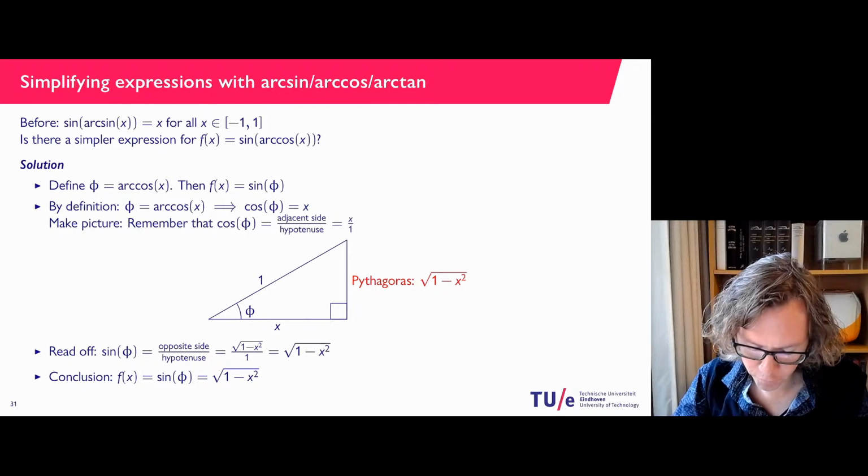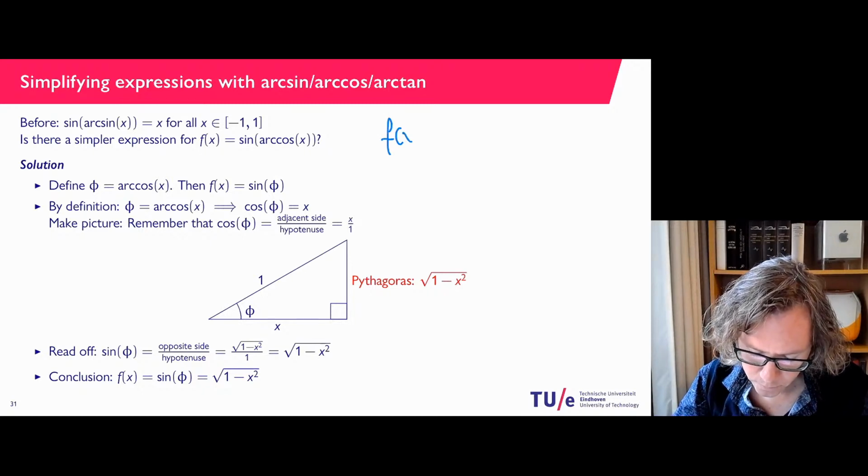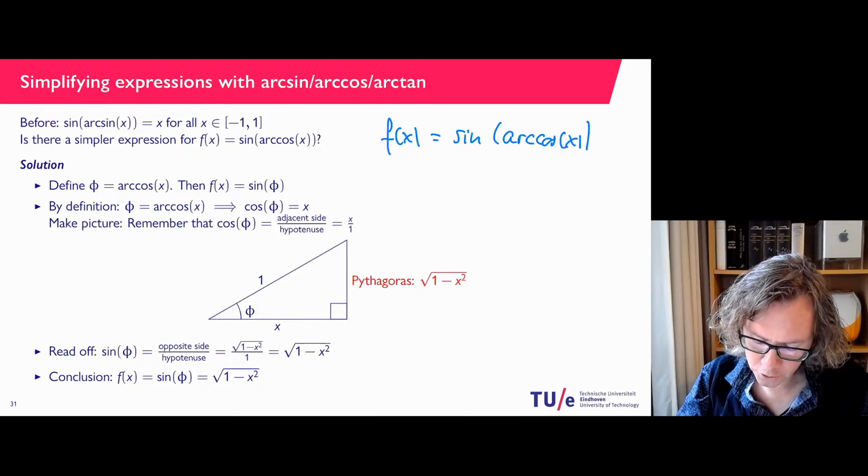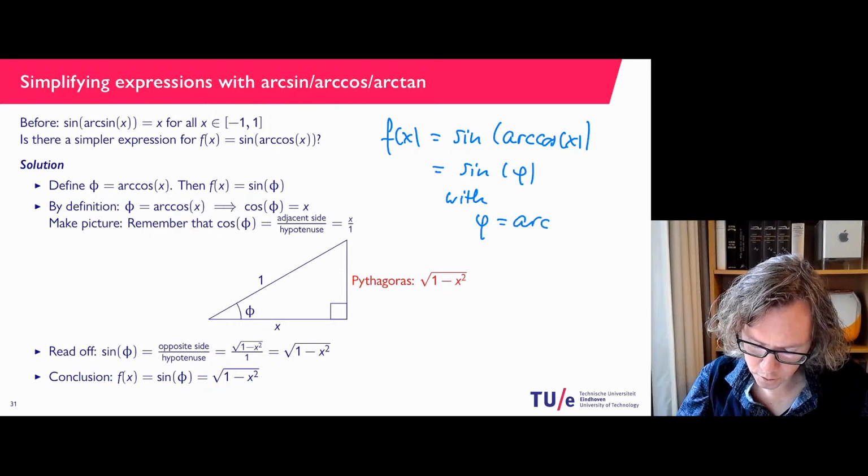So I have f of x is the sine of the arc cosine x. And I just say, well, this is sine of phi, with phi equals arc cosine x.